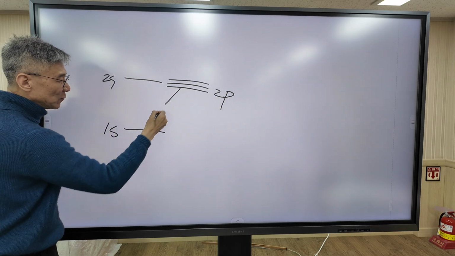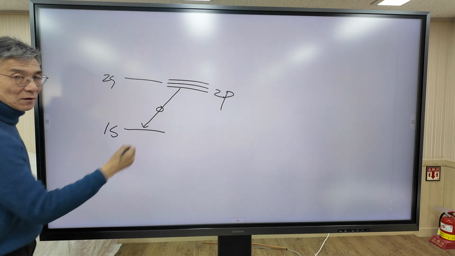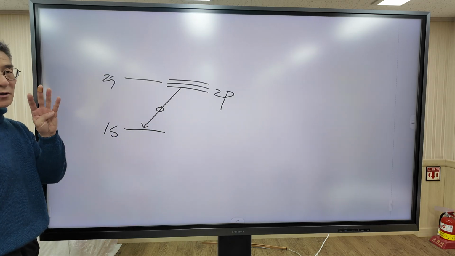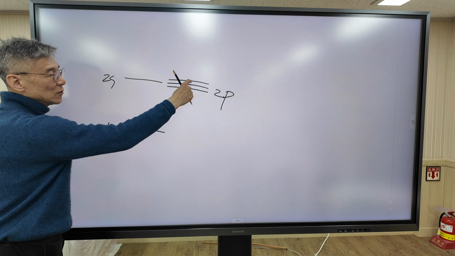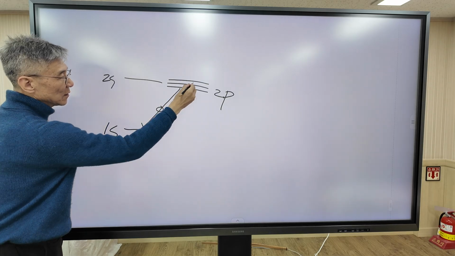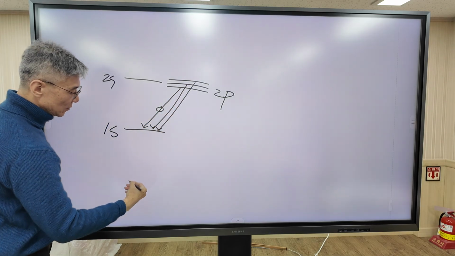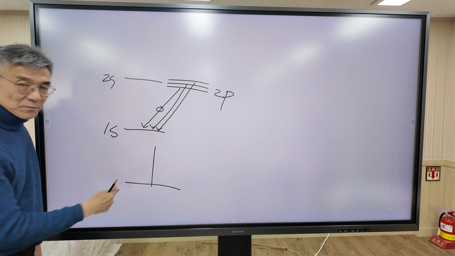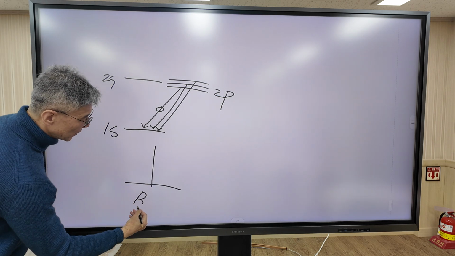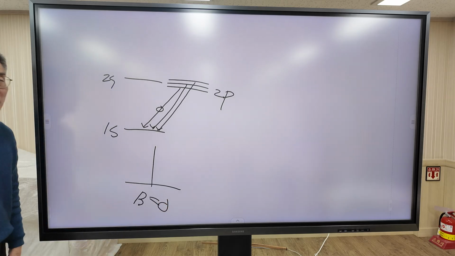Only the 2p to 1s transition is allowed. But the p orbitals consist of 3 orbitals, and the 3 p orbitals are degenerate. So 3 transitions appear at the same peak. A single peak appears when a magnetic field is not applied.